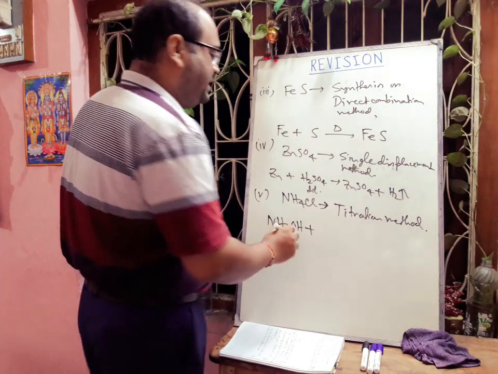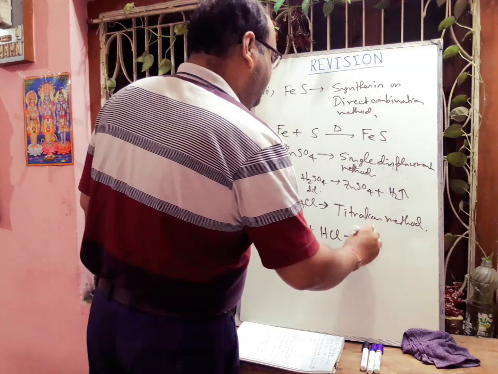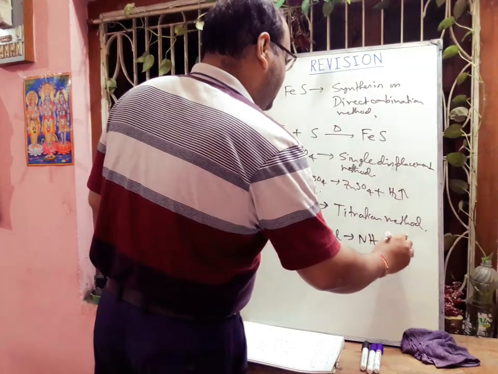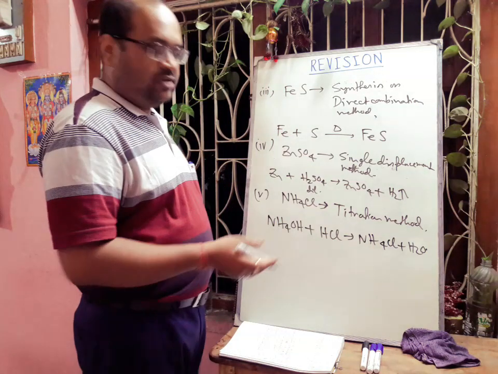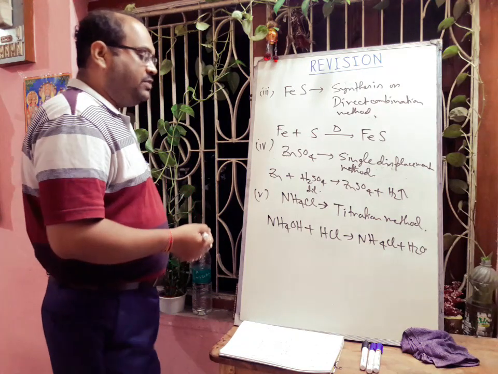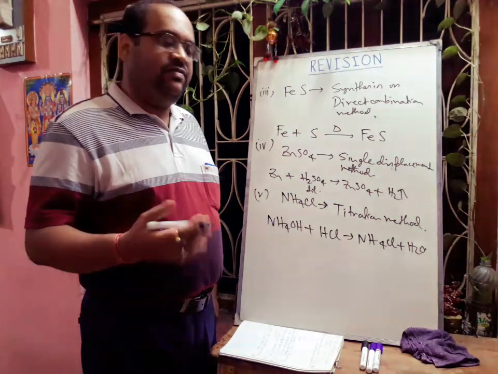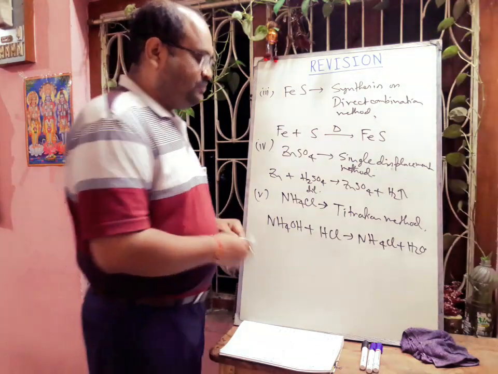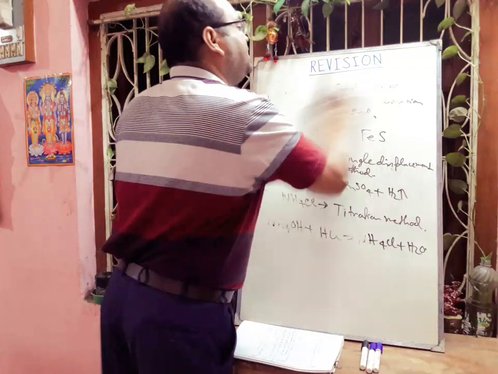Ammonium hydroxide is a base that will react with hydrochloric acid to form NH4Cl plus H2O. If we evaporate the water, then we will get this salt. Otherwise, there is another process: ammonia reacting with HCl gas will form ammonium chloride. Okay. So the salt preparation part is complete.